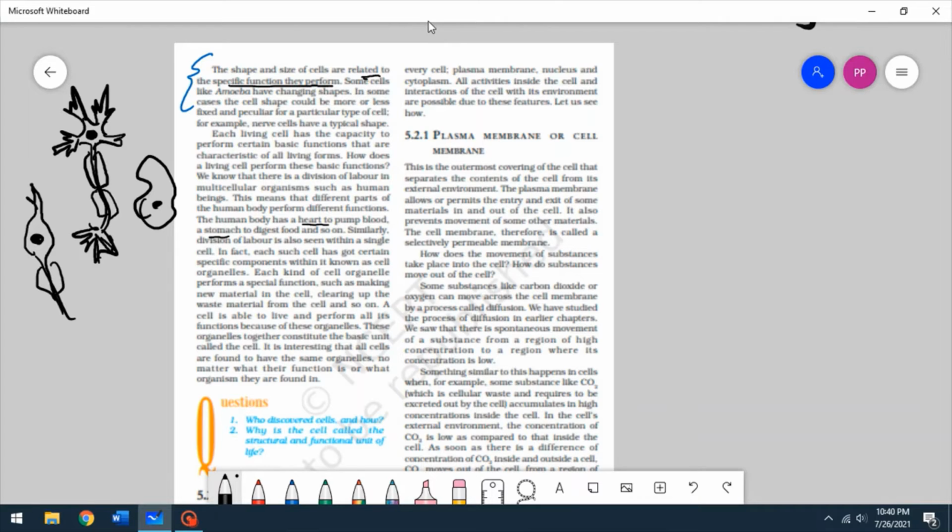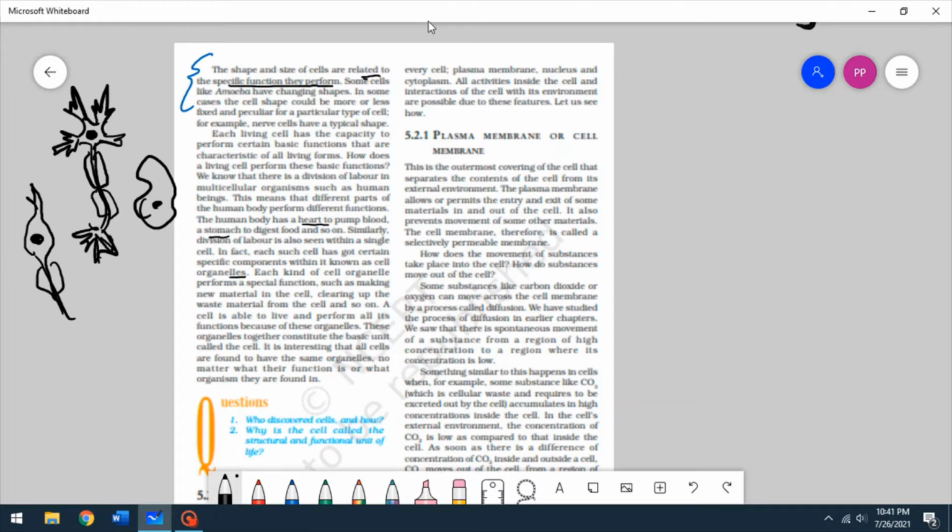In fact, each such cell has certain specific components within it known as cell organelles. That's what I told you before. Each cell has organelles, and each group of cells has cells which in turn have many organelles within them. Alright.